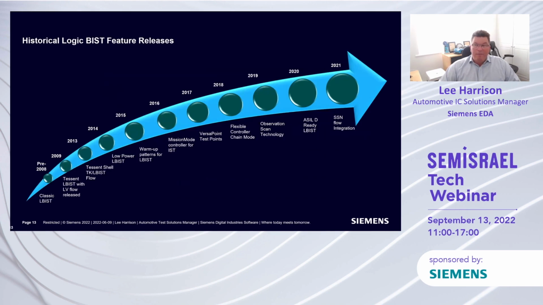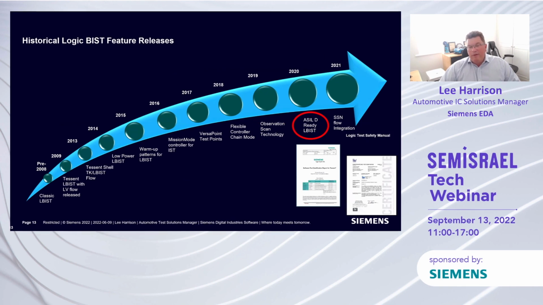If you look at the roadmap for the logic-based technology over the years, you can see it's been around for quite some time. We started to get quite automotive focused around 2016, where we introduced the in-system test controller. And then in more recent years, we introduced a technology called observation scan, which I'll talk a little bit more about in a second.